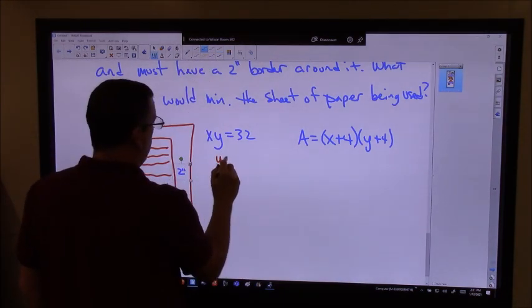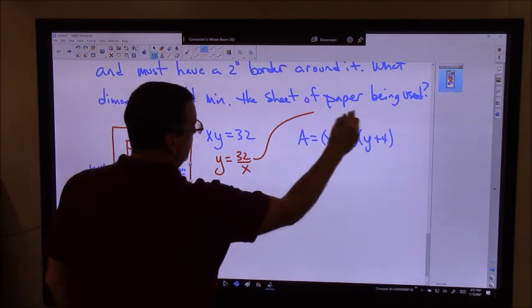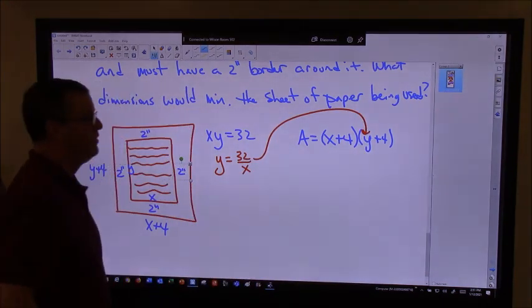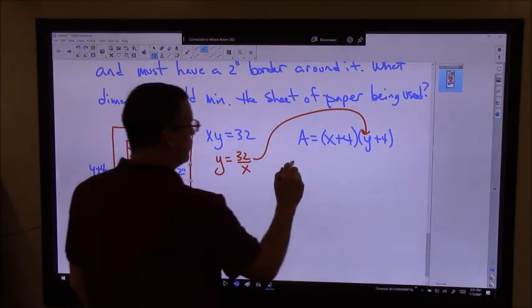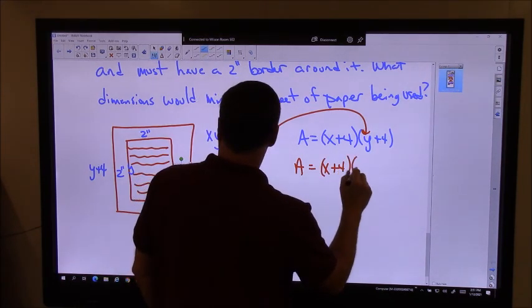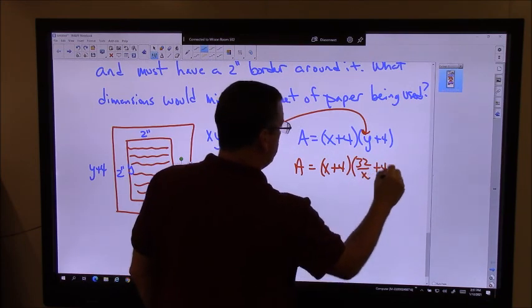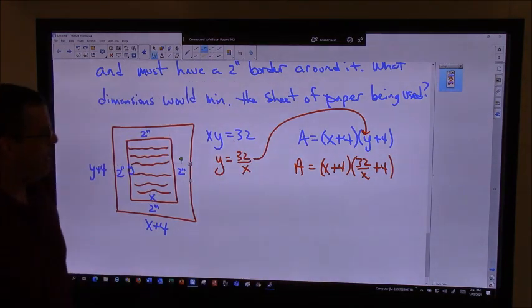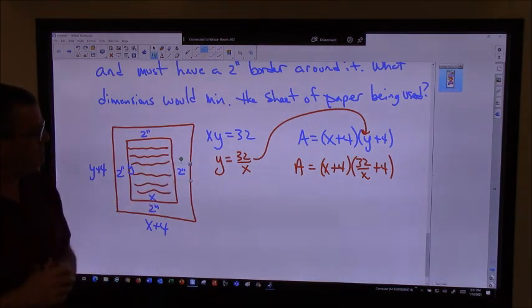So if I say y equals 32 over x, and I take that and substitute it right there, I should be good to go. Area equals x plus 4 times 32 over x plus 4. And now I should be able to take the derivative, set it equal to 0, and solve. You guys see if you can finish that up.